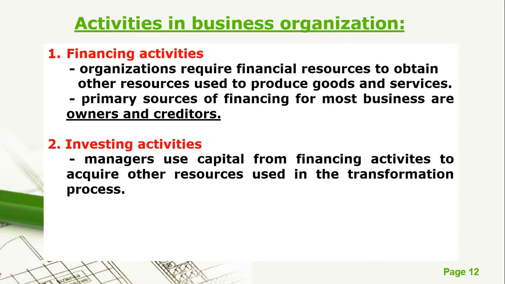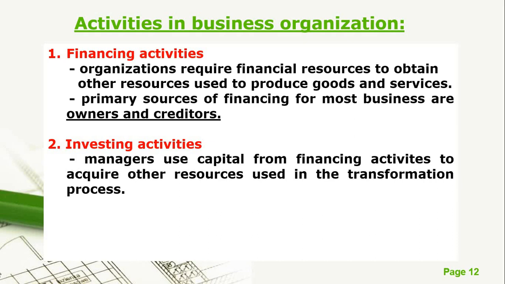For example, the business bought factory equipment and machineries, bought land to build a factory building, or bought office space. Those activities are investing activities because they are needed for the business to be able to produce goods and services.